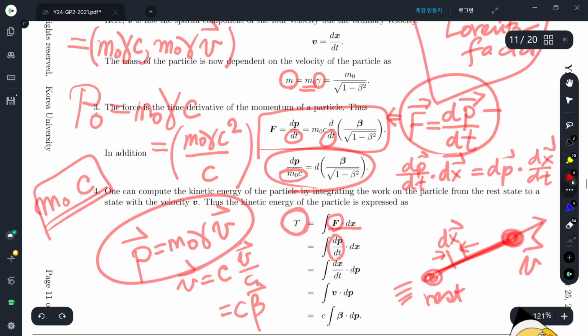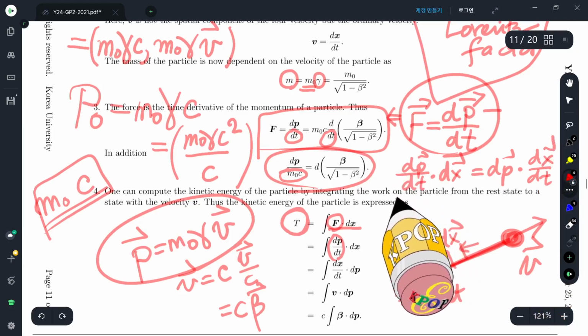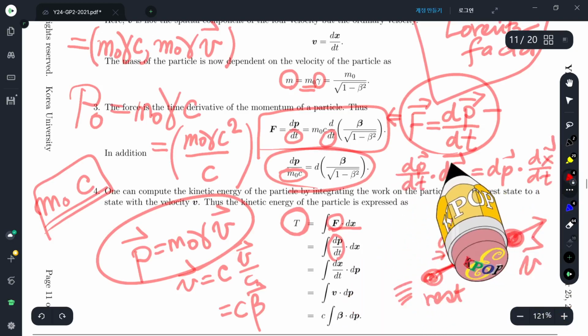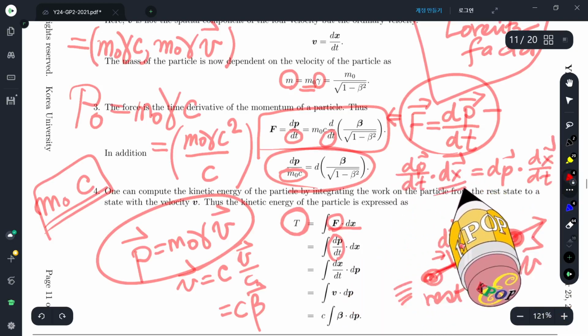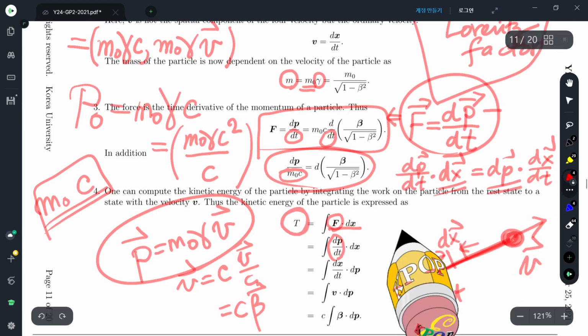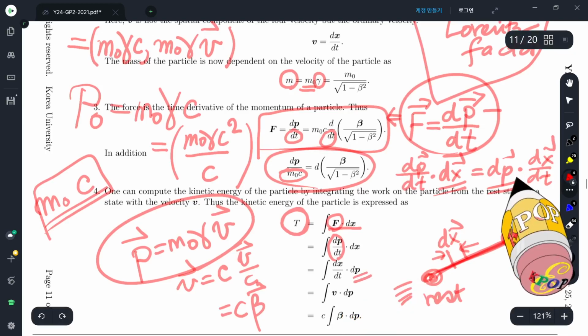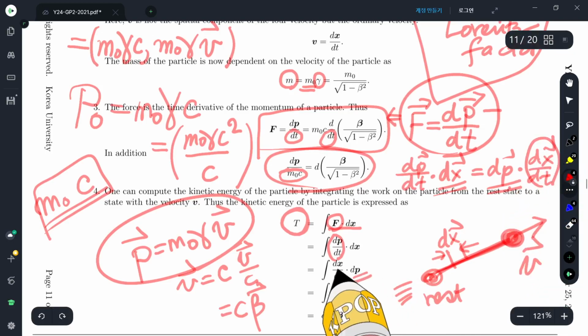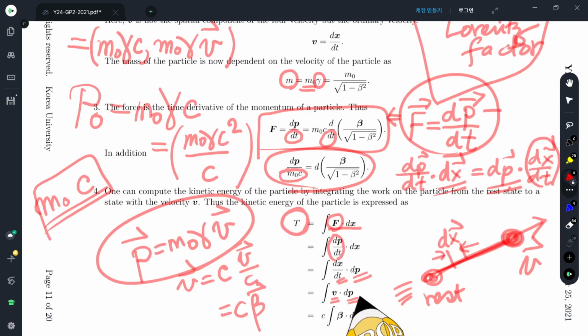So here the dx integral becomes a dp integral. So dp is this one, and velocity appears in here. So velocity scalar product with change in the linear momentum.